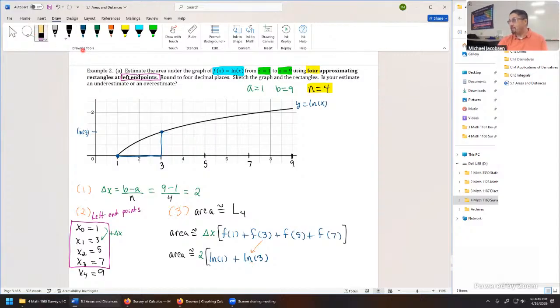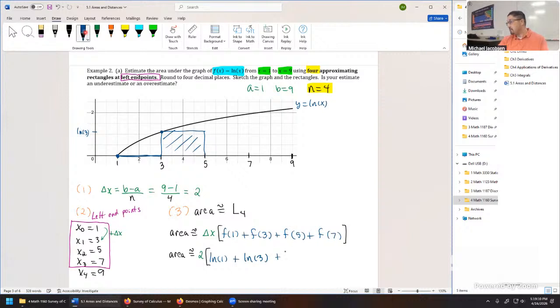So there's our second rectangle, but this time our first real rectangle with an actual positive area. And that's because natural log 3 is positive. Then keep on going in this particular process.